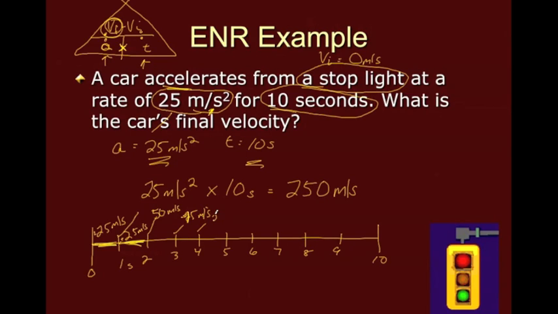At 4 seconds, 100 meters per second, 125 meters per second, 150, 175, 200, 225, 250 meters per second. So every second, this car is getting 25 meters per second faster. So that's how we calculate acceleration.